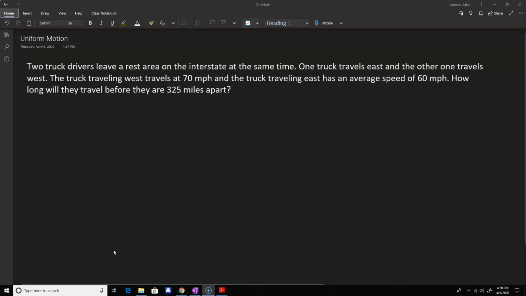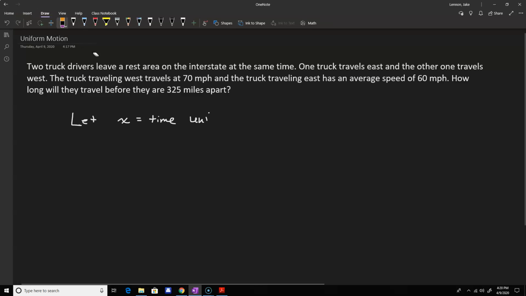So what they're asking for is a time. So let's write our variable so that our answer will be that time. So let x equal time until they're 325 miles apart.